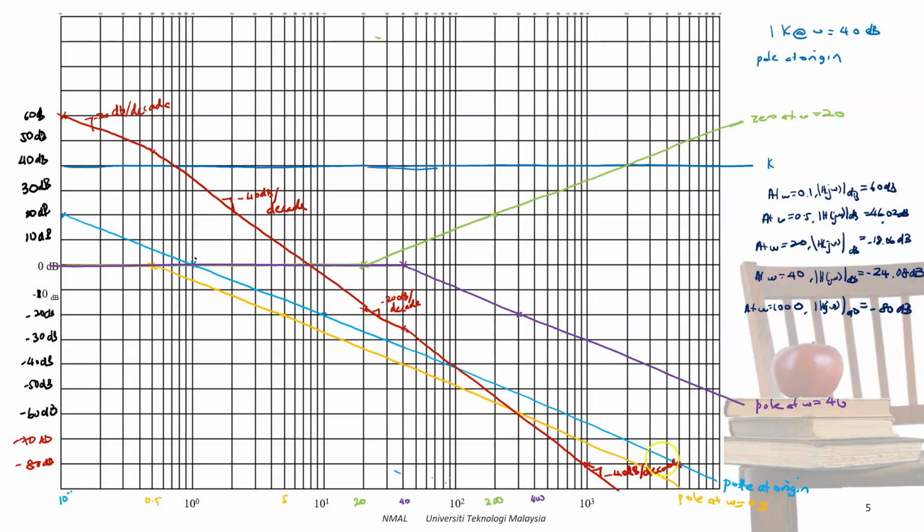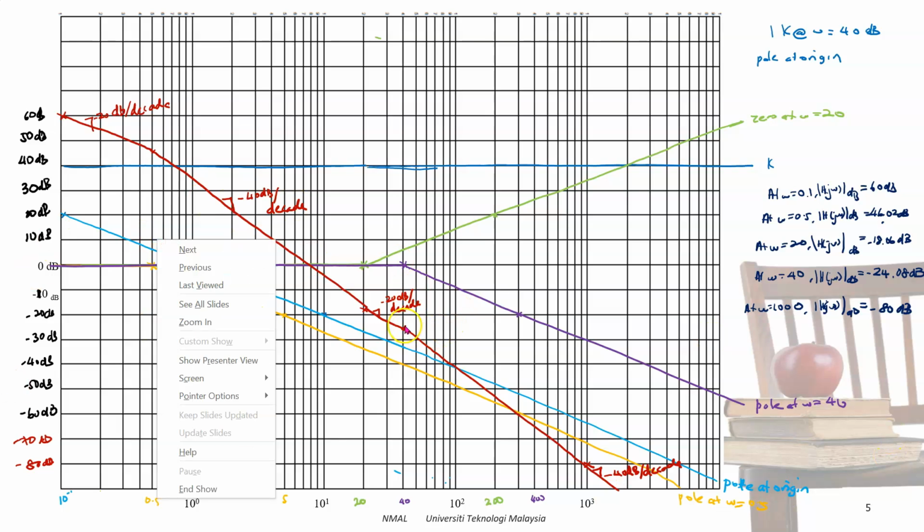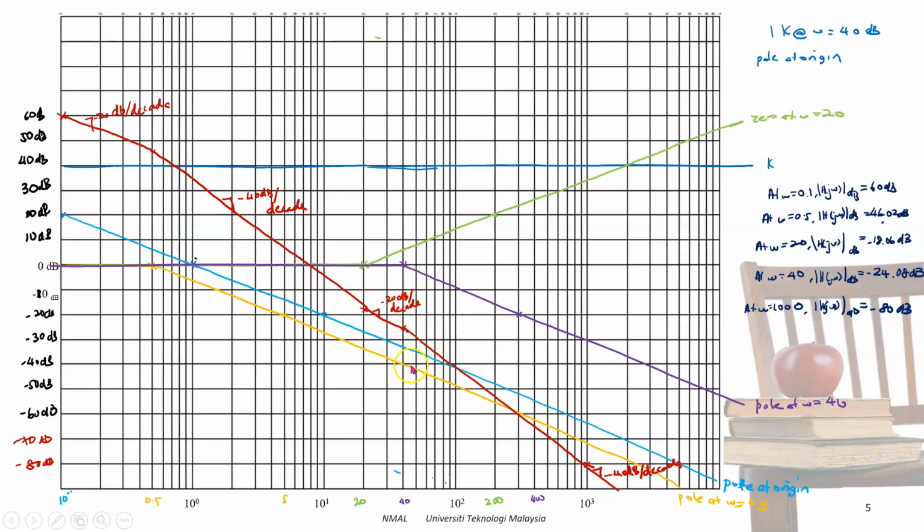Why is it changed? Because if we see here, starting from negative 40, there are 3 poles, 1, 2, 3. However, only one 0. So if we use the logic here, 0 is up by 20 dB over decade, and poles are down by 20 dB over decade.